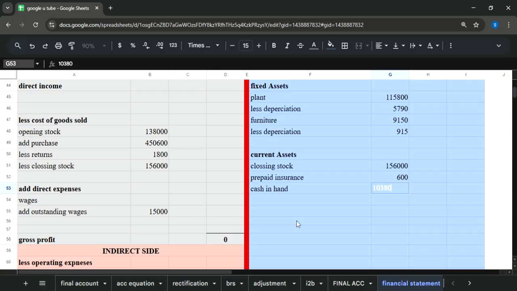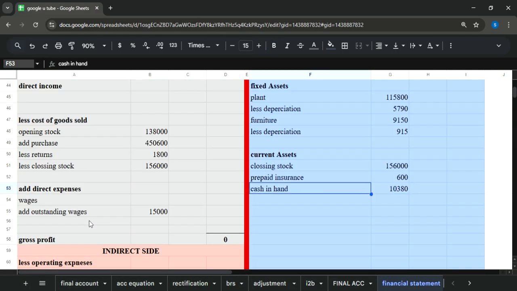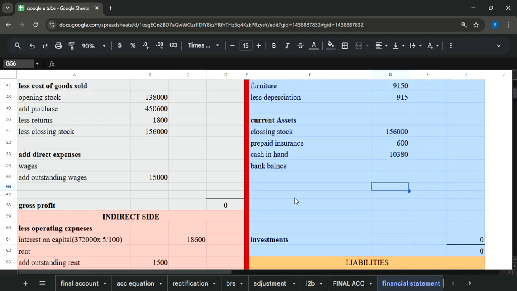Alright, cash in hand is entered, after which there is bank balance. Again it is current asset. So you will mention over here bank balance. Let's see how much amount of bank balance is. Very carefully, it is 67800.